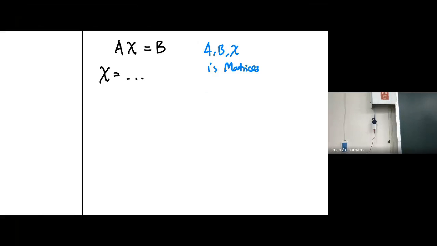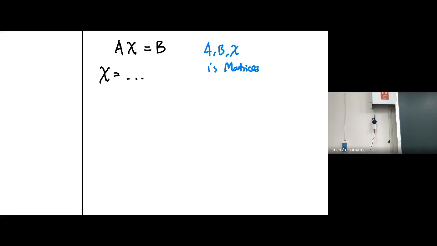So in matrix equations, one thing that you need to remember is A and B and X are all matrices. So if I ask what is X, it's not B over A. Okay. Please. This is matrix form.